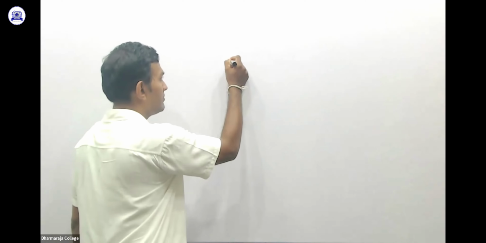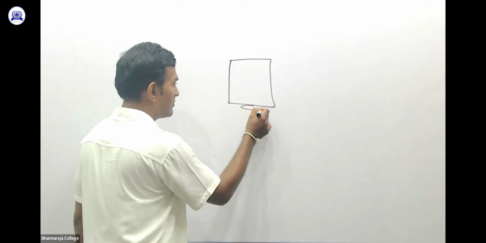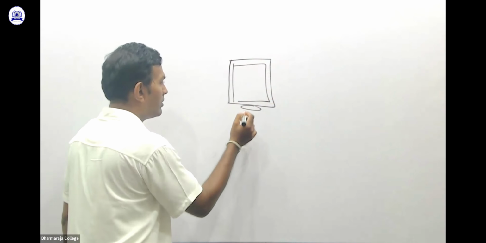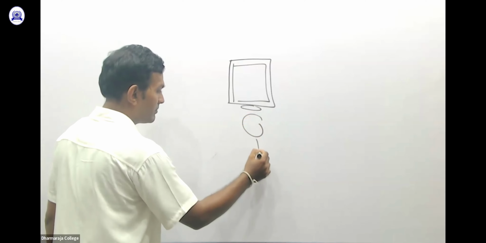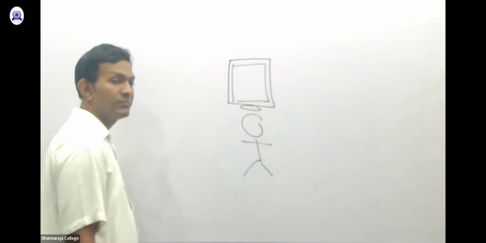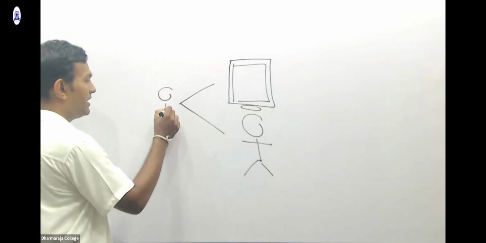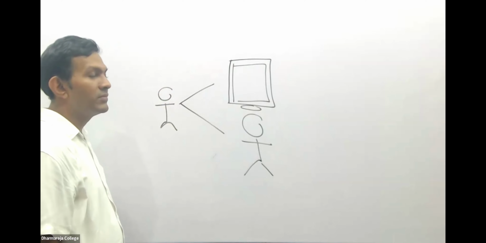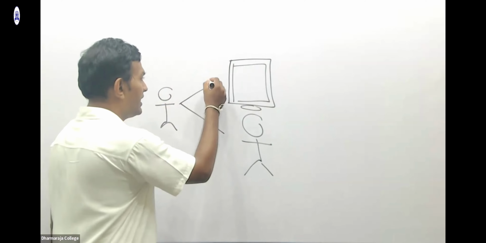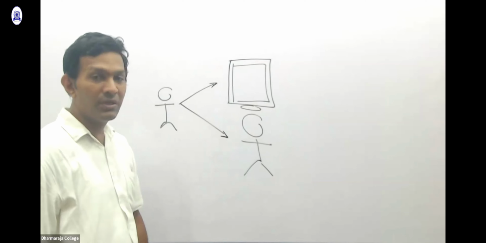Right, so when we take the computer system, we all need to communicate. If you take a human, we need to communicate, and we need to communicate with this computer.